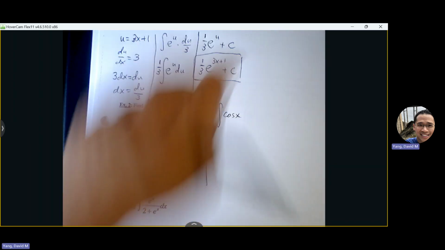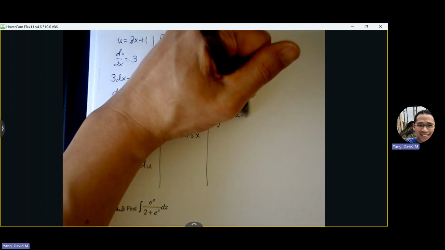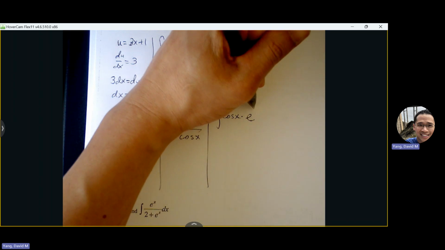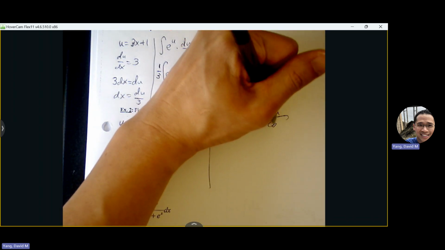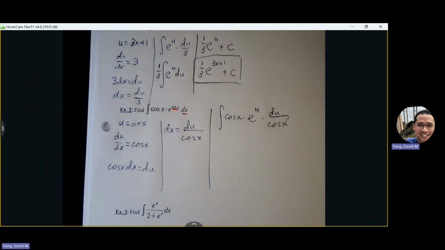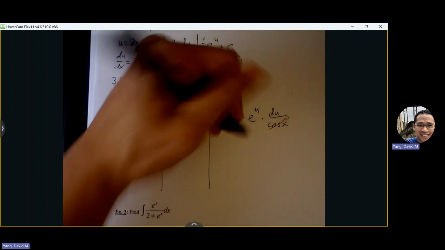Now we're going to rewrite our problem, keeping everything that we did not underline. Keep the cosine x and the e, replace the sine of x with u, and replace dx with du over cosine of x. We need the x's to go away, and they do. So now it's a very nice, clean e to the u.